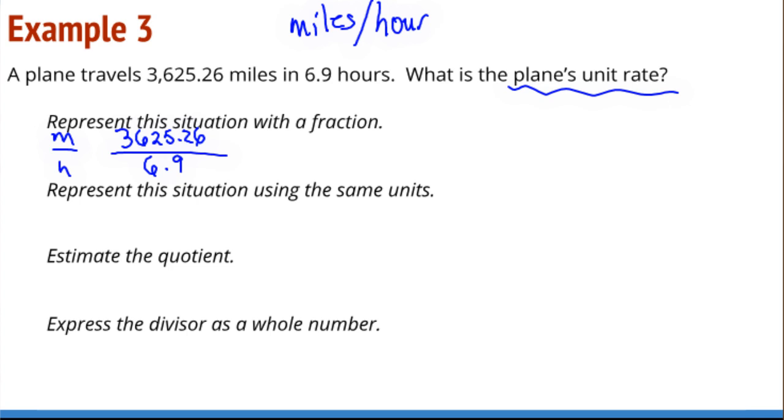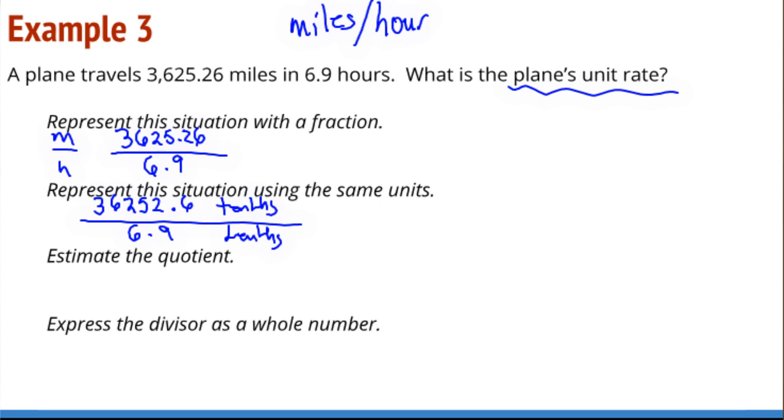So if I were to represent this as tenths, I've got 3,625, it's actually 36,252 and 6 tenths. And I've got 6 and 9 tenths. So now I've got them in the same unit form.